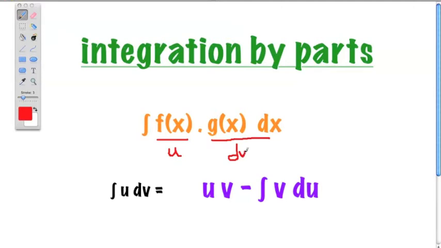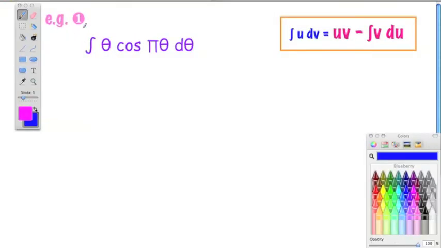Let's see further examples to apply this formula to solve problems. Here is our first example. We will divide it into two parts, which are u and dv.